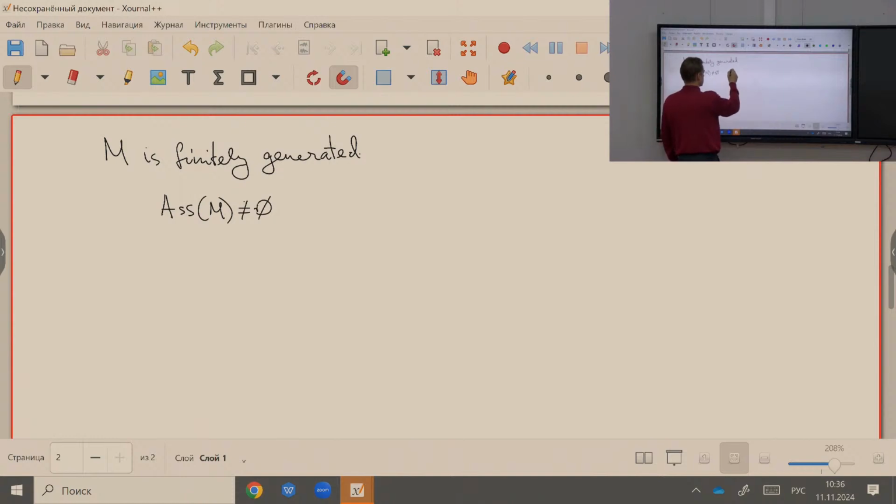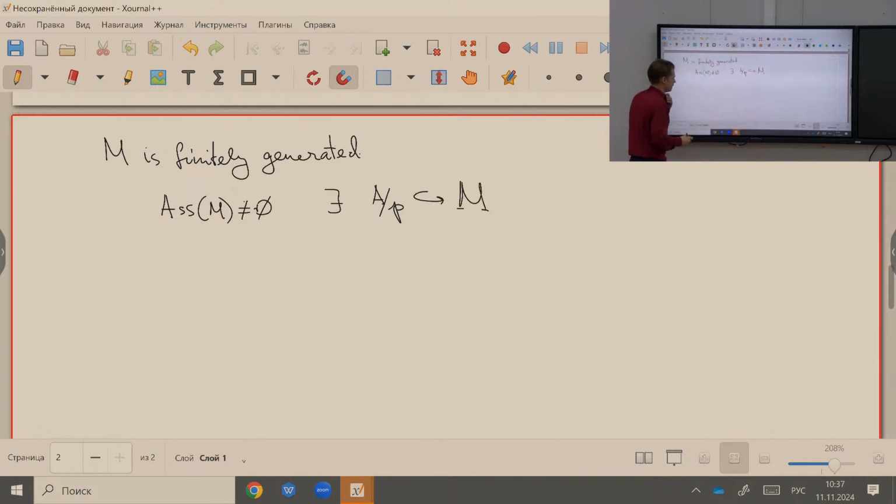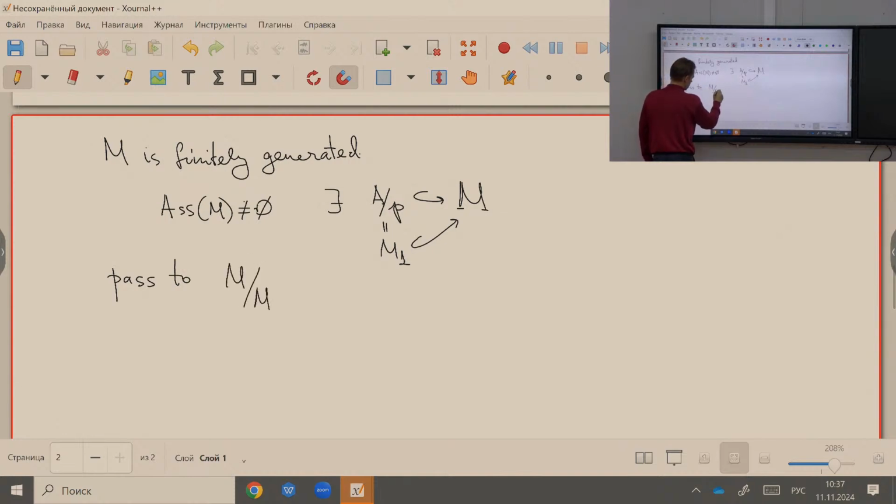So this means that there exists an embedding A mod P inside M. And we can take the image of this embedding as M1, and then we can pass to M modulo M1 and repeat.